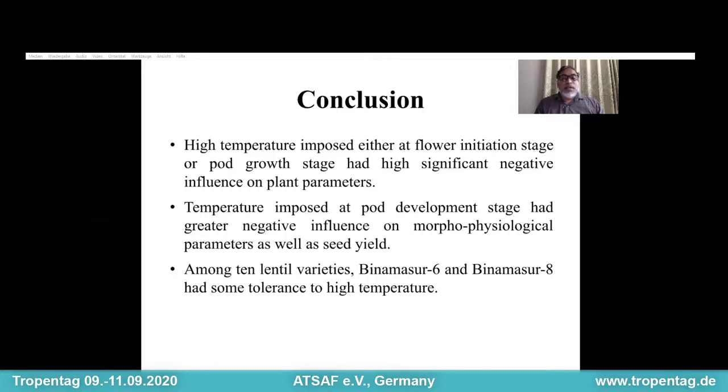Temperature imposed at pod development stage had greater negative influence on morphophysiological parameters as well as seed yield. Among 10 lentil varieties, Bina Musur 6 and Bina Musur 8 had some tolerance to high temperature.